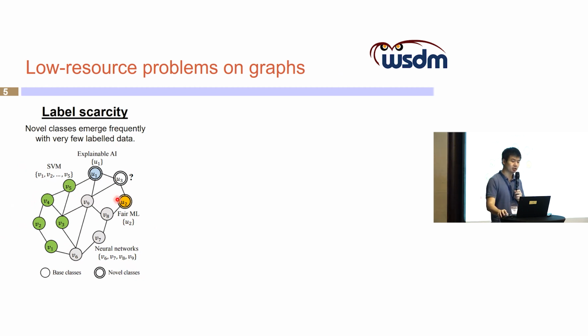But we can also have emergent topics like explainable AI or fair machine learning. For these topics, because they are emergent, we don't really have enough labels, and the quality of the labels could also be insufficient. This is the label scarcity problem, where we have novel, emergent classes and we don't have enough labeled data.